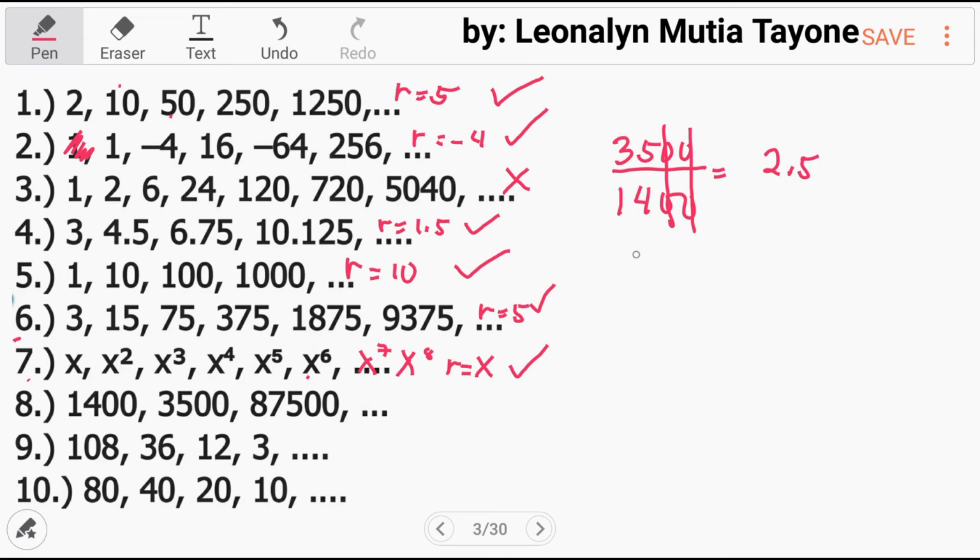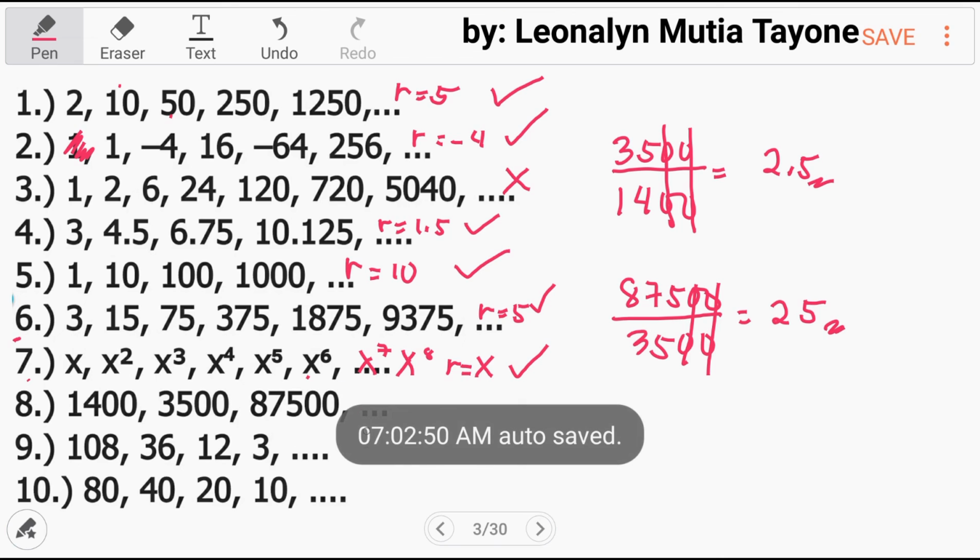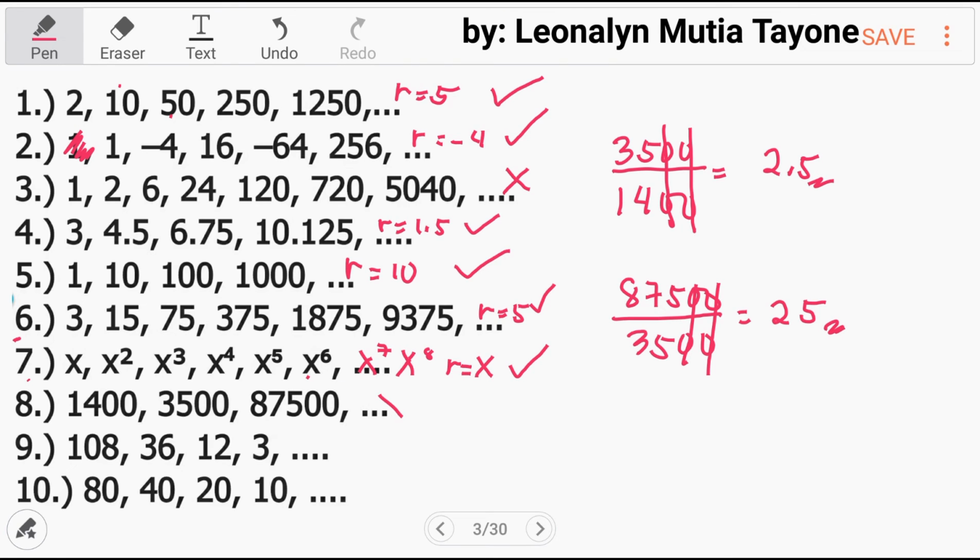Next, to find whether they have a common ratio, the ratio here for the next is 8,750 divided by 3,500. Cancel out the two zeros so we focus on 875 divided by 35. And that is 25. So therefore, the ratio here compared to this is not the same. So they are not common. There is no common ratio in number 8. So therefore, this is not a geometric sequence.